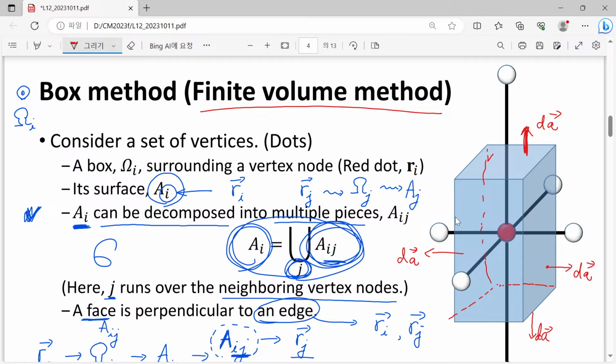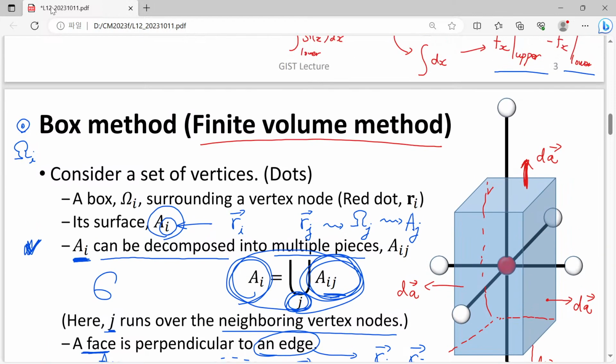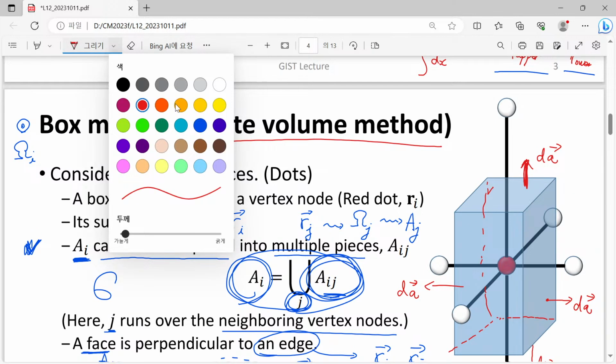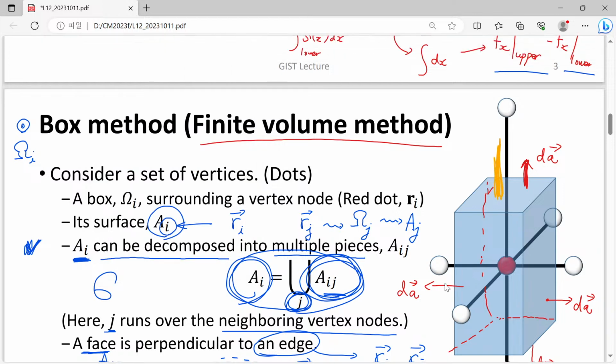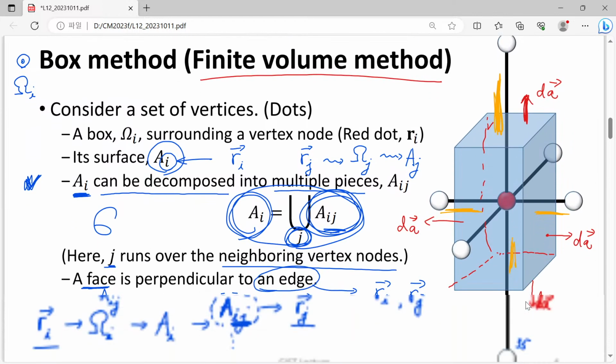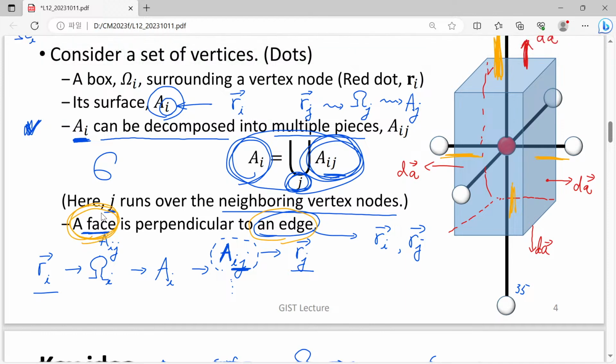So, simply speaking, there are many dAs, and their direction is equal to the direction of the edge, because our subsurface is perpendicular to an edge. dA shows the normal direction of our subsurface, or of the face.